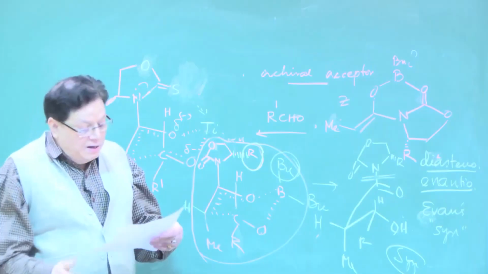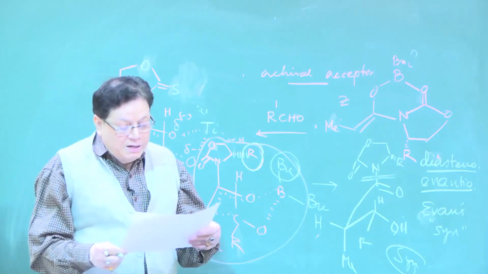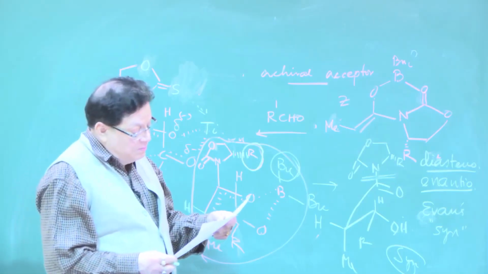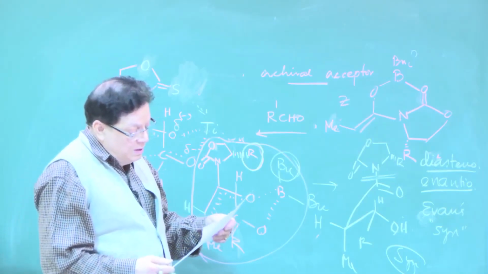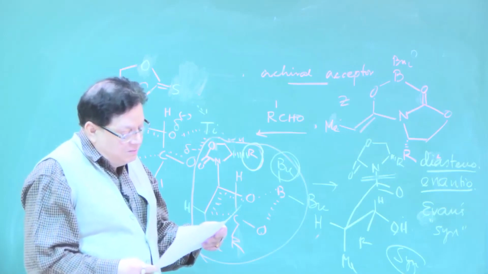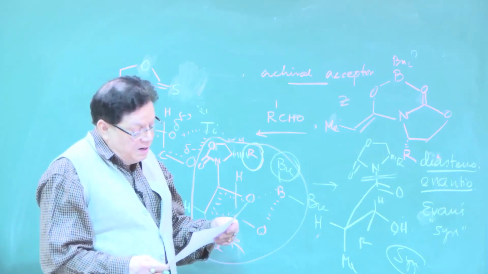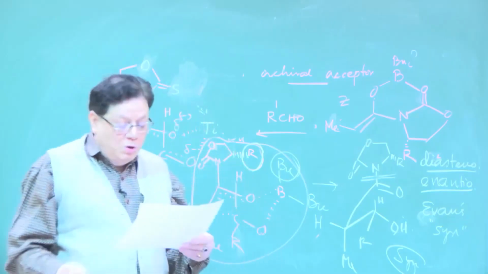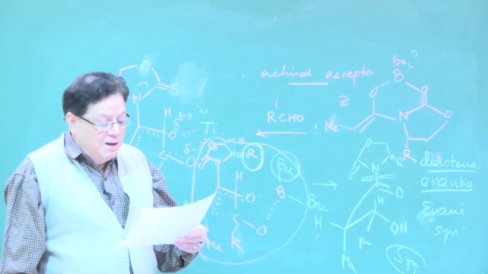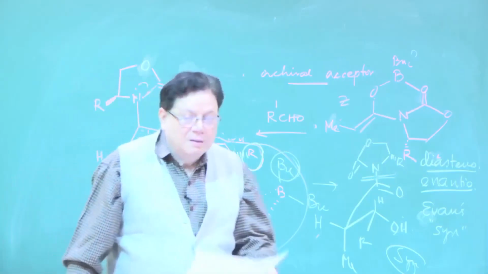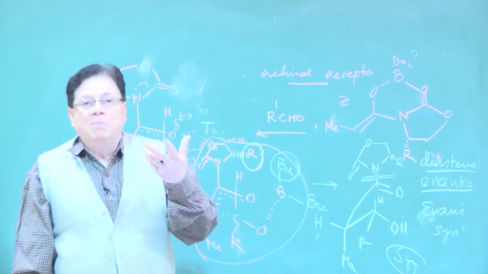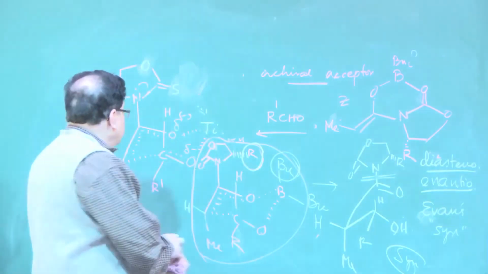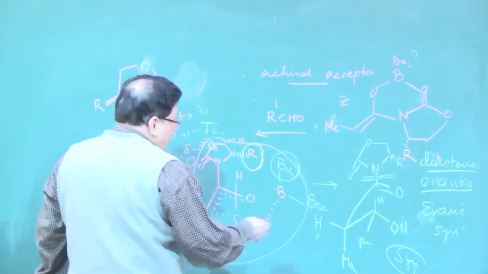Okay. On the other hand, if you take two equivalents of titanium chloride, supported by some base, a natural base like spartine, then what happens is that you get the other.